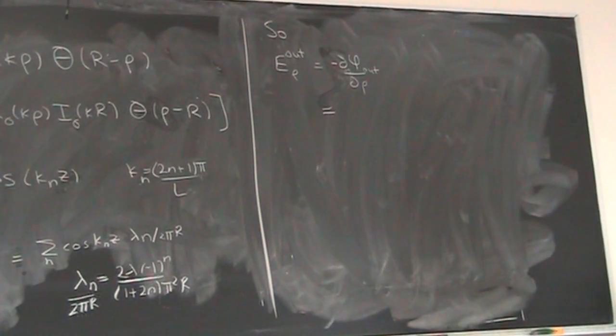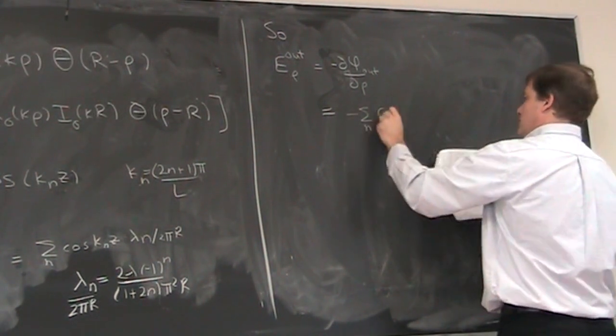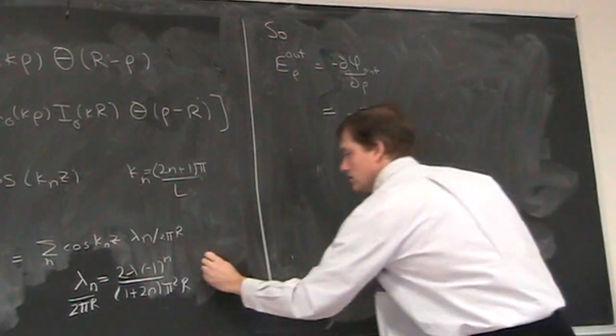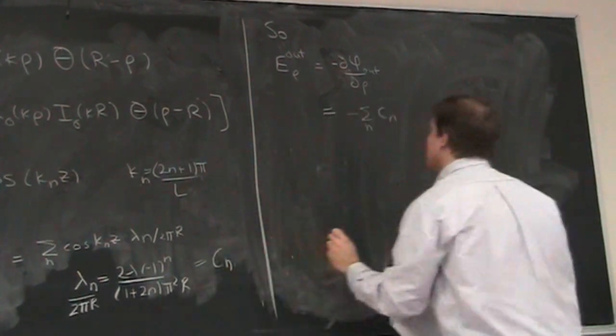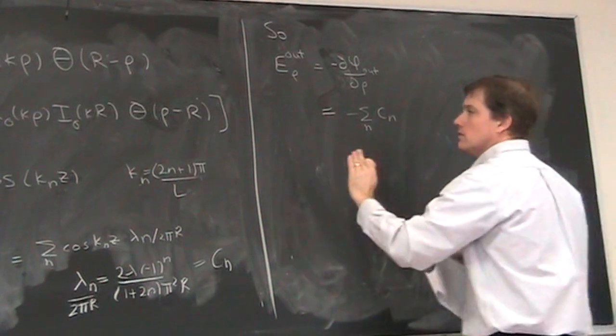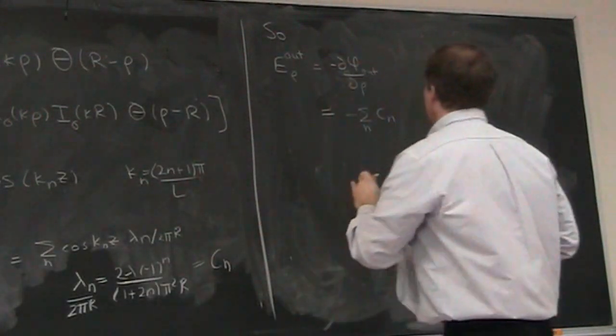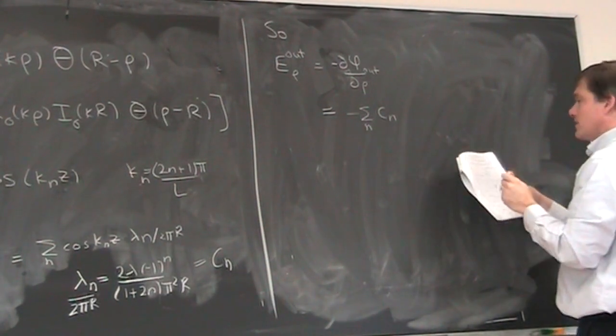We've got to find the rho derivative. So differentiate away. Sum over n, Cn. Okay, so you get minus Cn.